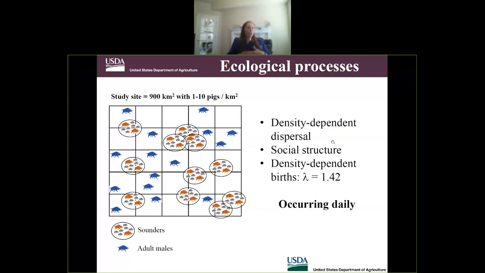We allowed dispersal to happen, natal dispersal, and also when groups become large, they might break apart and disperse to establish new groups, or females who are on their own might join another group. We included density-dependent births at a population growth rate of 1.4, which is supported by literature. And all of this was happening daily.